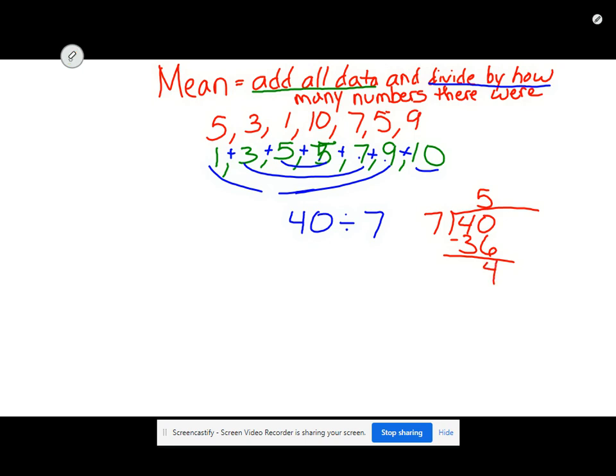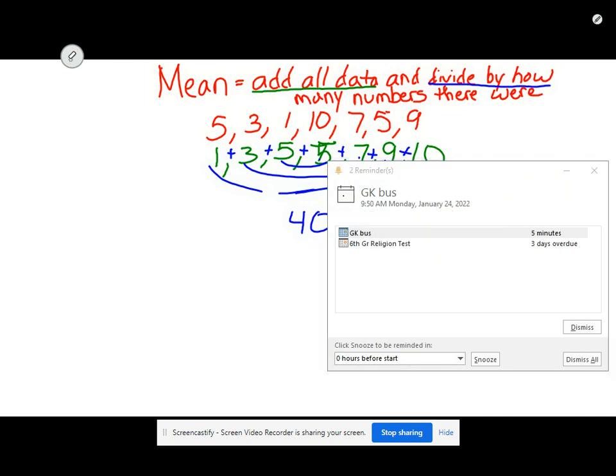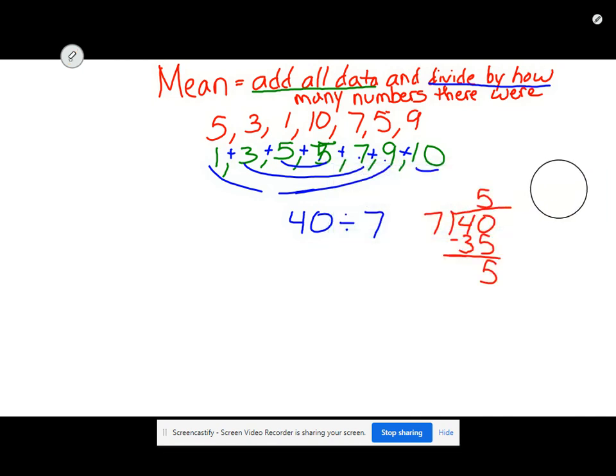Oh, not 36. 35. My goodness. 40 minus 35 is 5. Am I done? Do I say 5, remainder 5? No. No, that's what we did back in 4th grade. We did remainder numbers. We're big now. We know how to do decimal points.